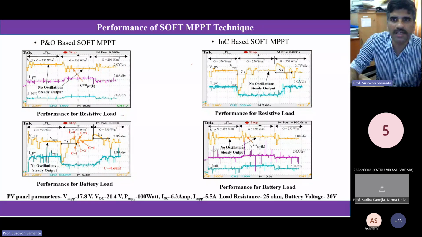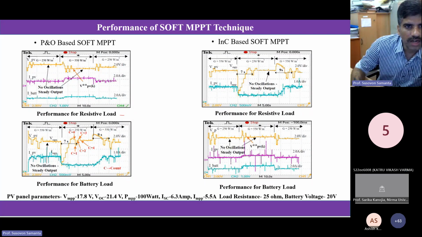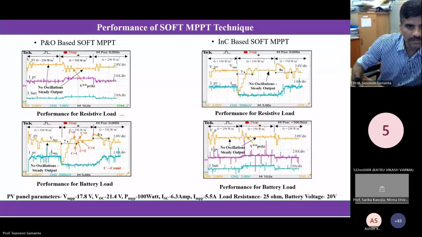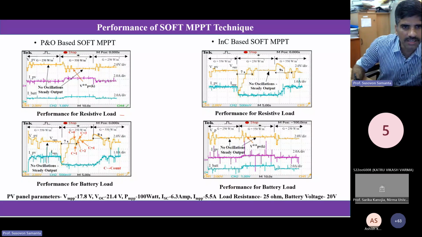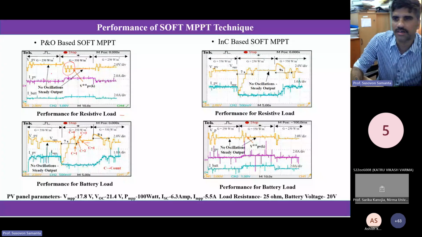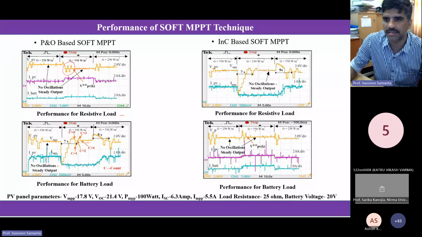This is PN2 and this is INC. So you see that, as I said, when there is an irradiation change, after C is equal to 4, it is basically getting locked and there is no oscillation. There is oscillation. Then at steady state, there is no oscillation and you will get the constant power in all the cases. Okay.